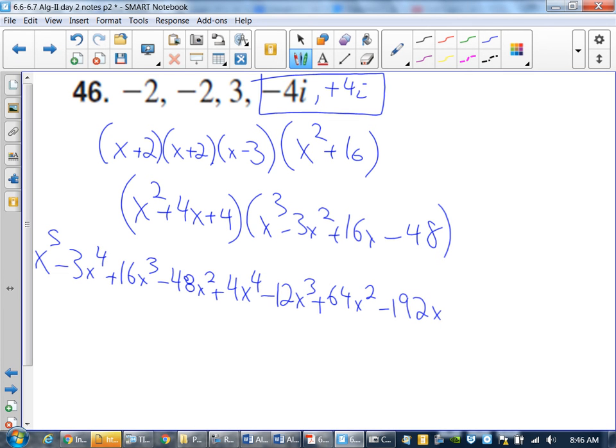And then plus 4x cubed minus 64x minus 192. And a partridge in a pear tree.